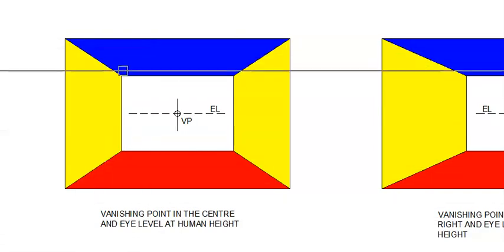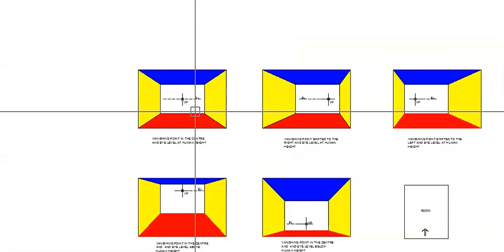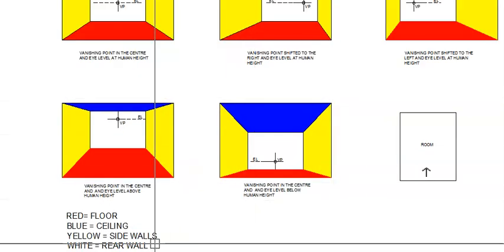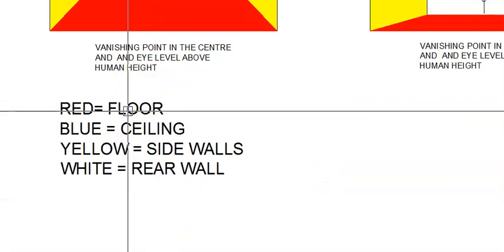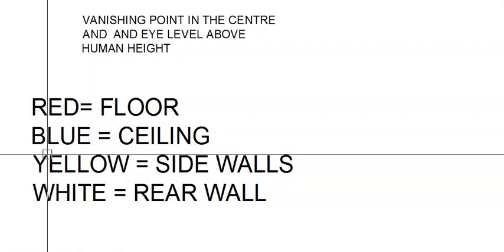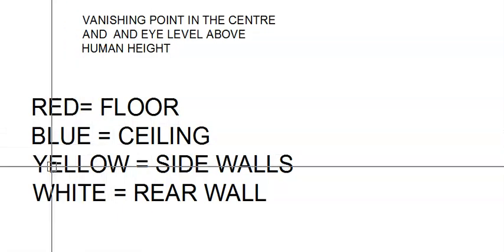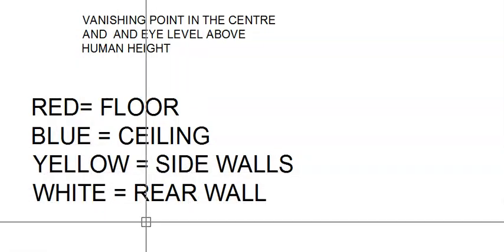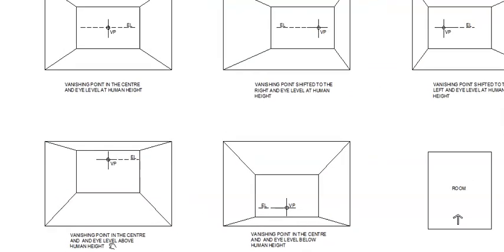The colors shown here are indicated here. The red color is denoting the floor, the blue color is denoting the ceiling, the yellow color is denoting the side walls, and the white color is denoting the rear wall.